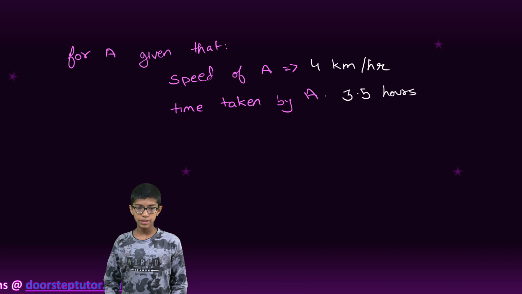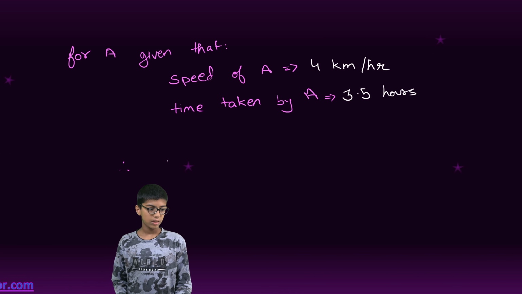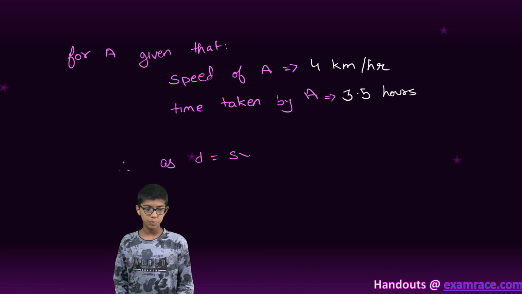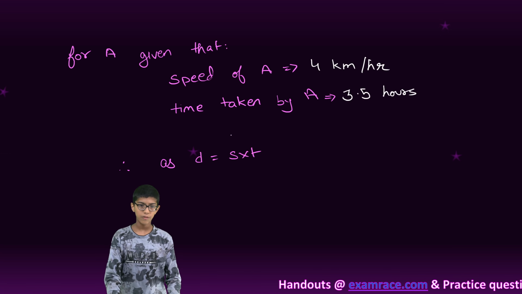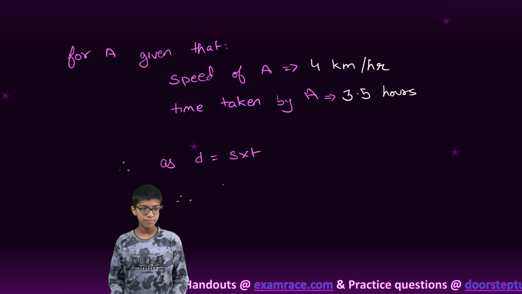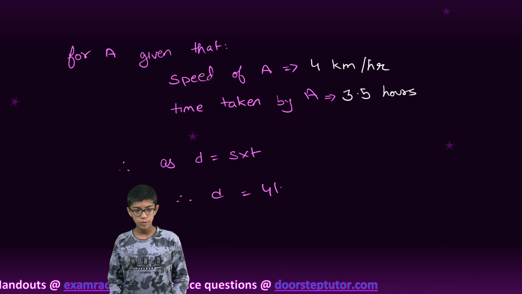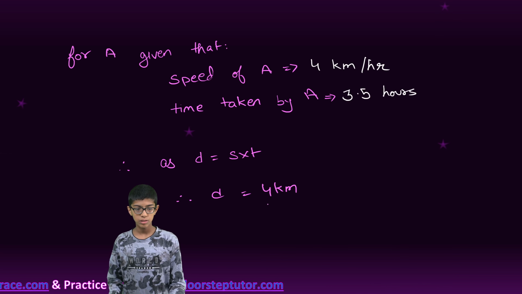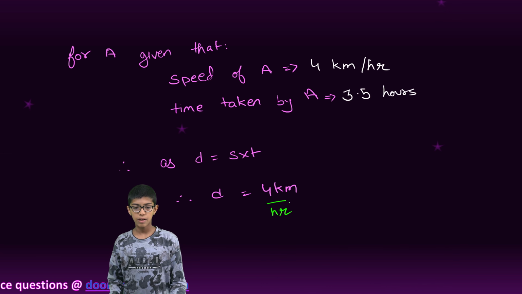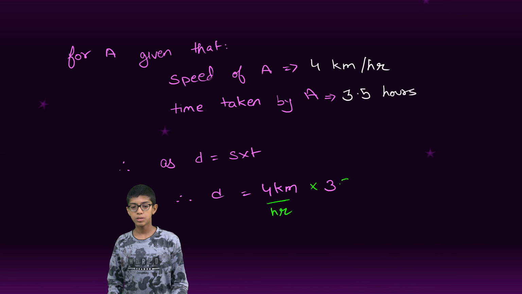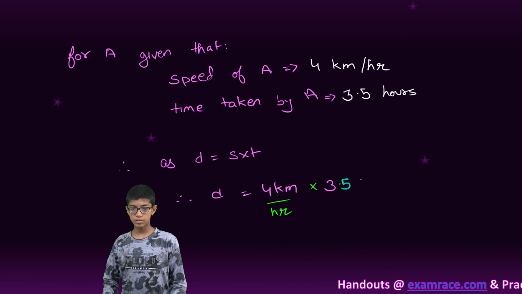Now to calculate the distance, as distance equals speed into time, I am just writing down the formula. Therefore, distance in this case is equal to 4 kilometers per hour into 3.5 hours.